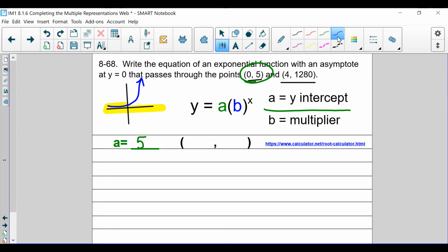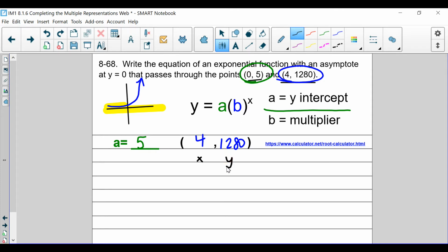The next thing we notice is they give us another point on the line. So we're going to call this 4, 1,280. Now that we have the y-intercept and a point on the curve, we actually have everything we need to solve this problem, where x is equal to 4 and y is equal to 1,280.